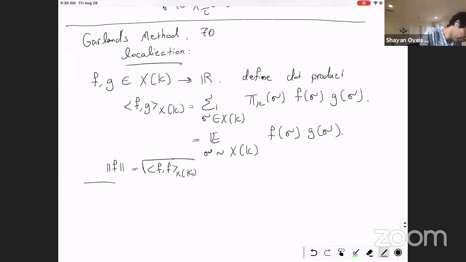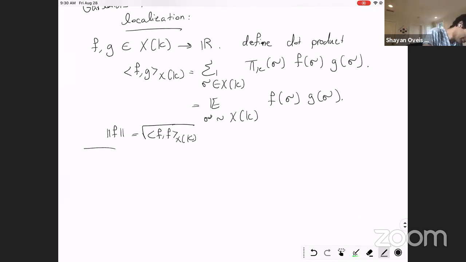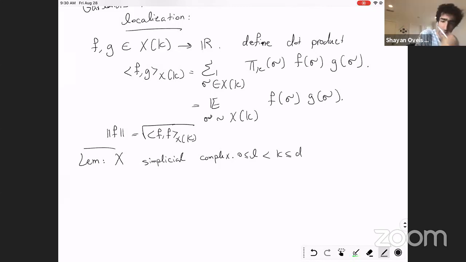Okay, so now here is a simple lemma. Say you have a simplicial complex X. Let's say you have integers L less than K, K less than or equal to D, and L greater than or equal to 0. And you have two functions, f and g, that map Xk to real numbers.